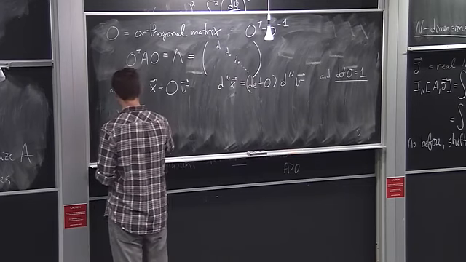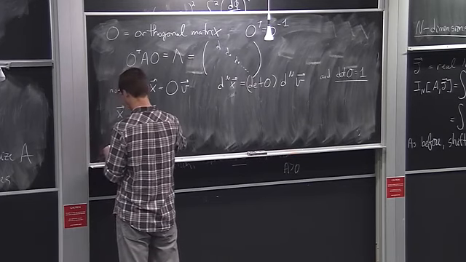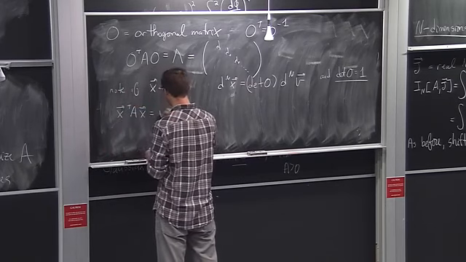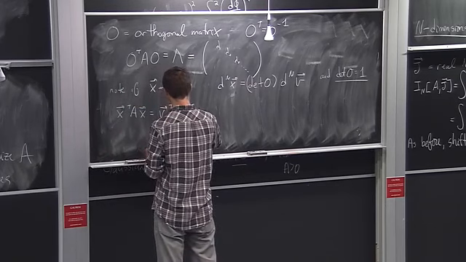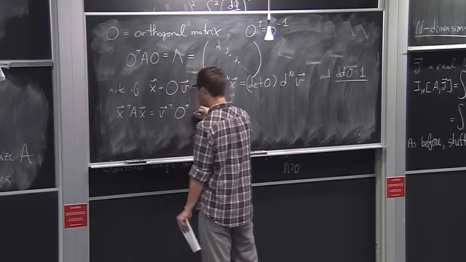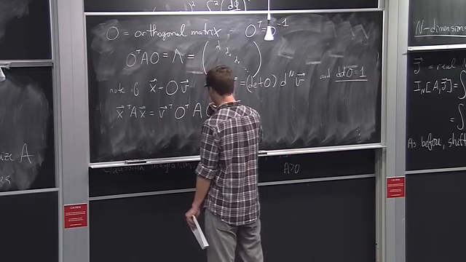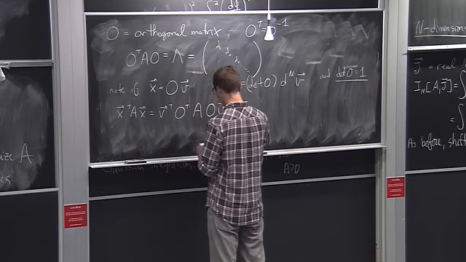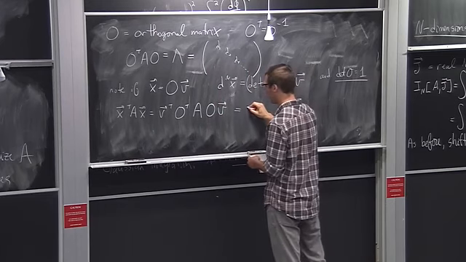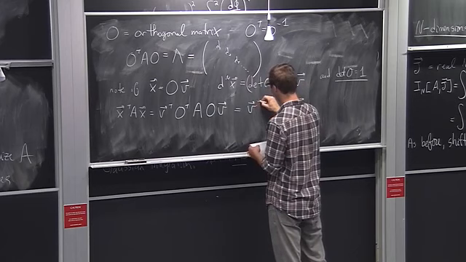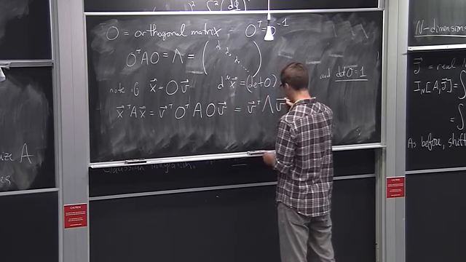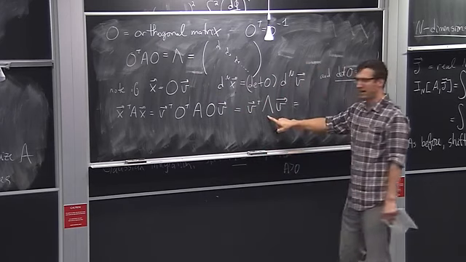So then, just with some vector x, which is V transpose, O transpose, reverse the order. Remember, A, O, V. All right, there we go. So now I'm diagonalizing A. So V transpose, that matrix big lambda, V. That's diagonal.